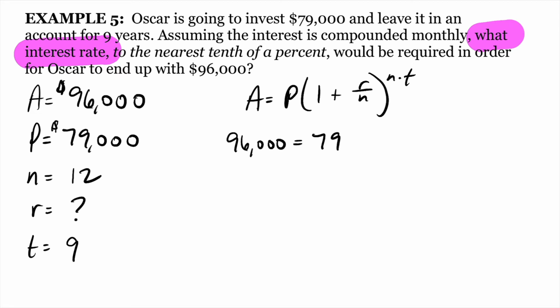P is $79,000. For 1 plus R, we don't know, so I'm just going to leave it as R. That's what I'm trying to solve for. n is 12, and over here n is 12 again, times 9, right? Okay, so that's the formula.